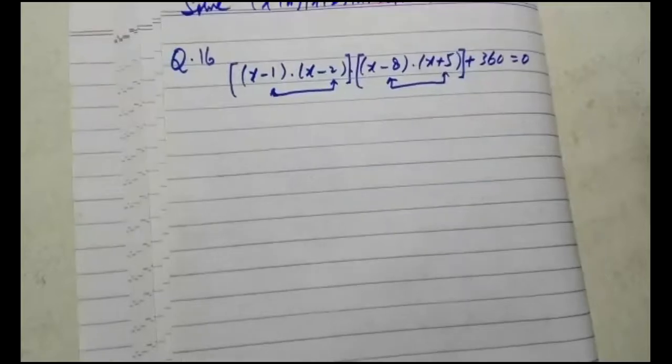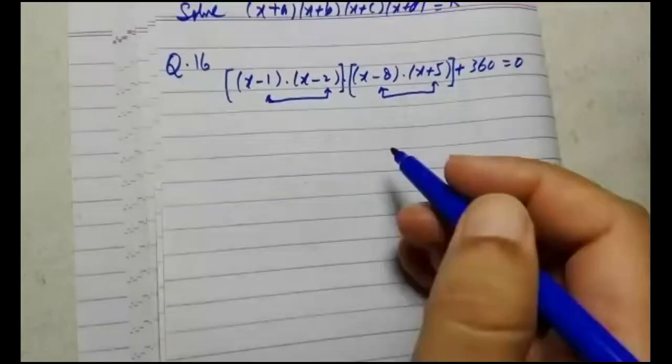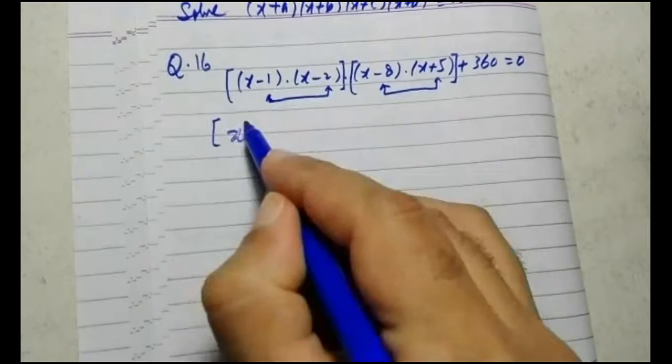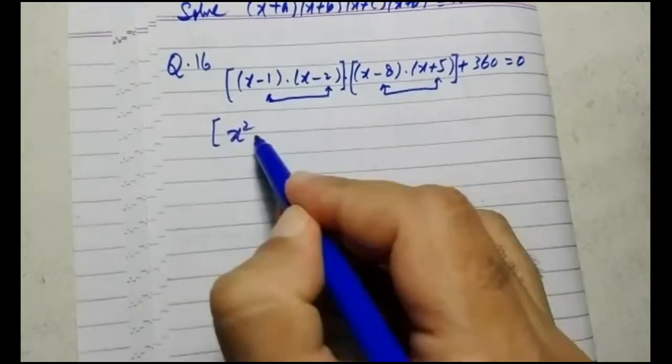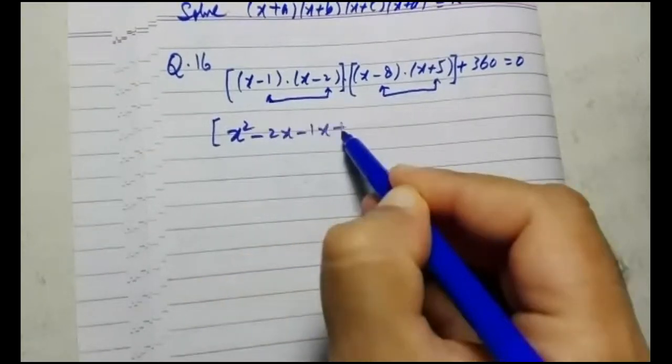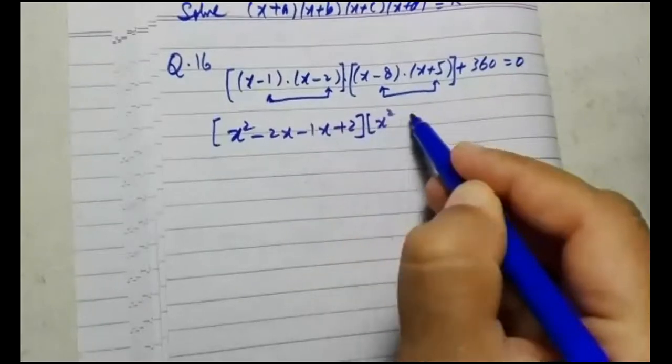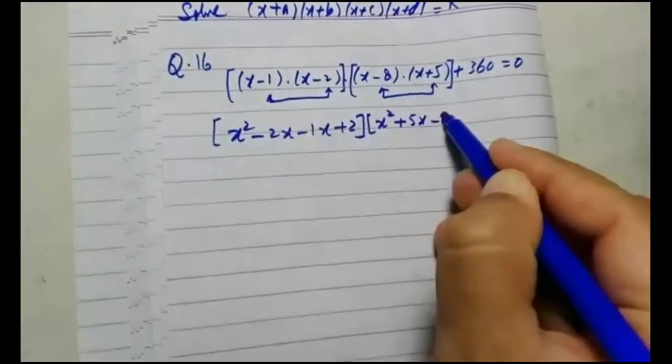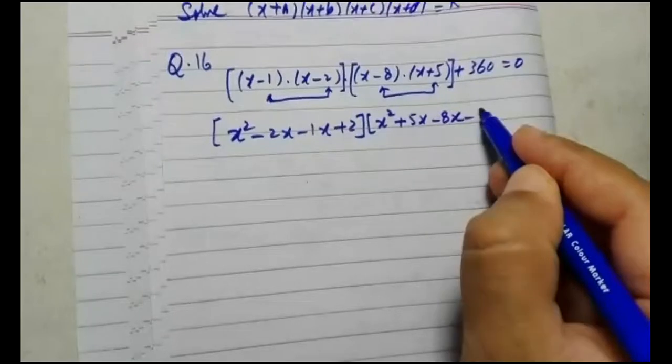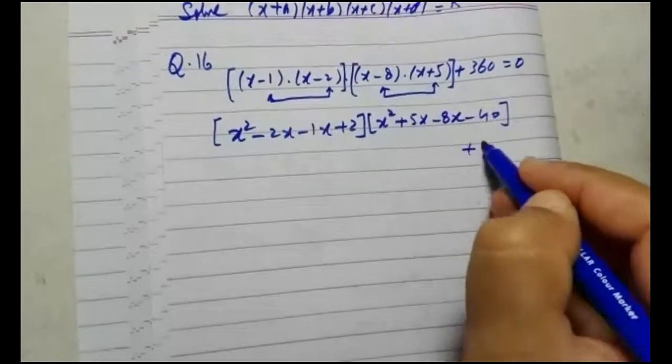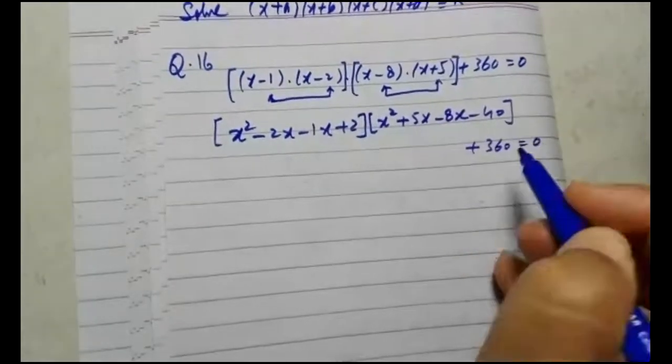Get these two terms multiplied. So it will become x square minus 2x minus 1x plus 2, and x square plus 5x minus 8x minus 40, plus 360 equals 0.